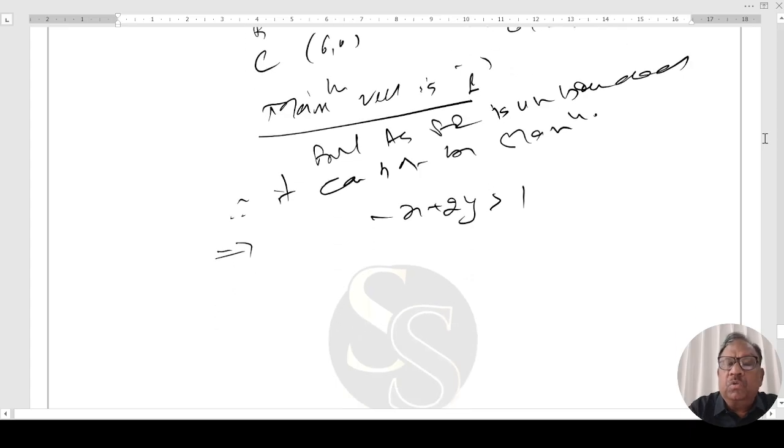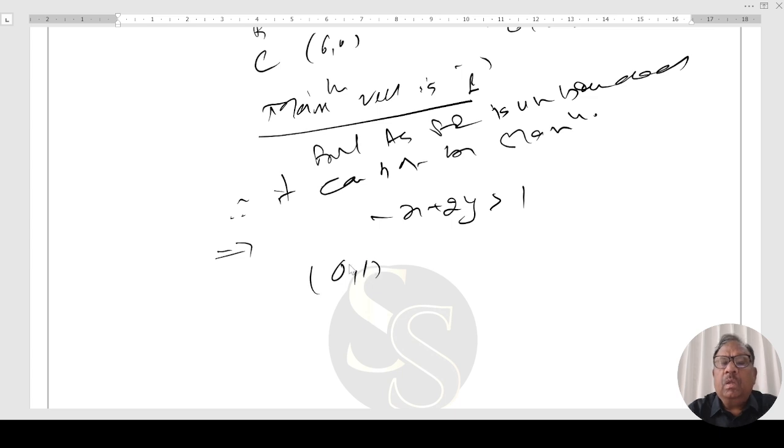Now, if x equal to 0, y equal to 1 by 2; if y equal to 0, x equal to minus 1.